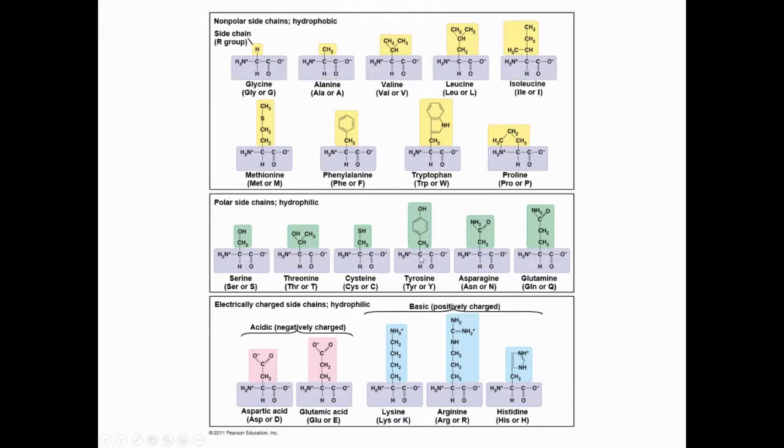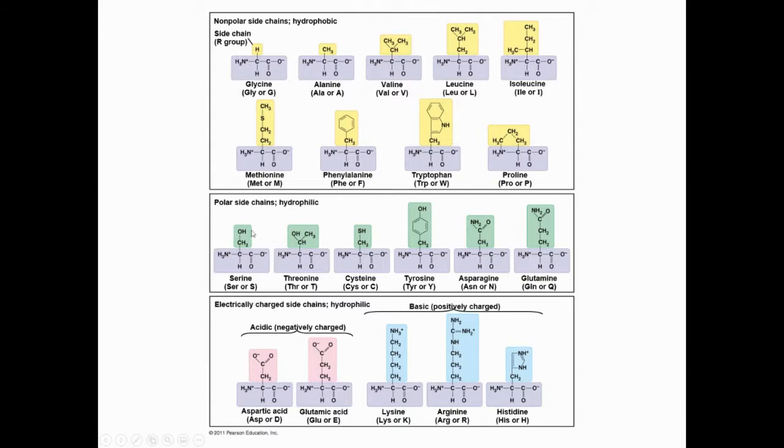And as I said, the tyrosine has this hydroxyl group bound to this aromatic ring, an aromatic hydrocarbon. This contributes to the protein concentration when we try to determine it.